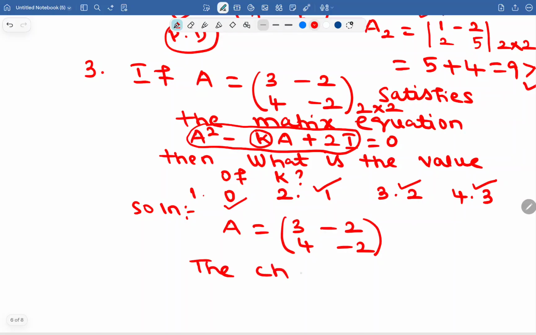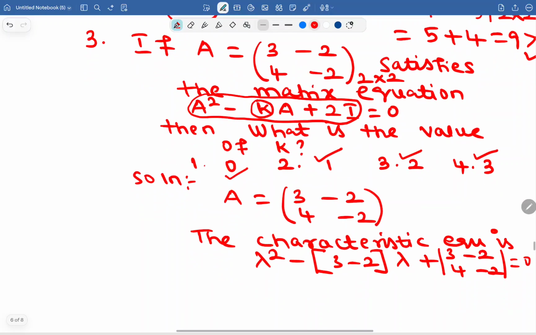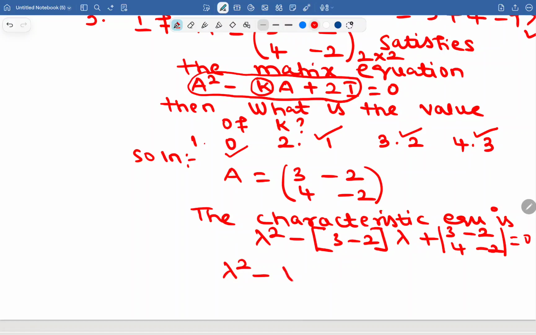The characteristic equation is lambda square minus sum of the diagonal into lambda plus determinant, which is equal to 0. This is lambda square minus lambda plus minus 6 plus 8, which is equal to 0. Lambda square minus lambda plus 2 is equal to 0.